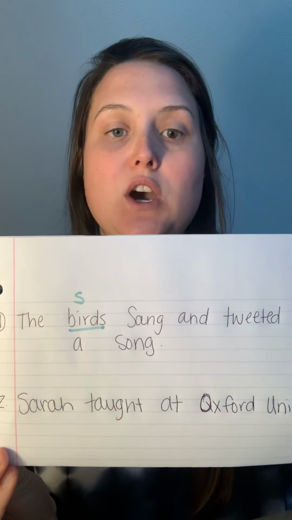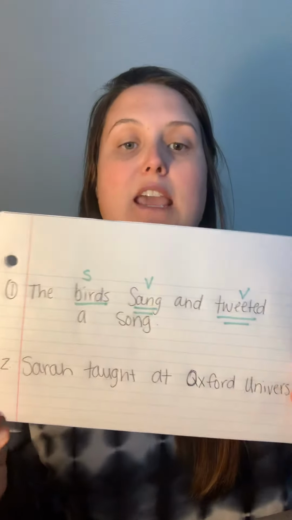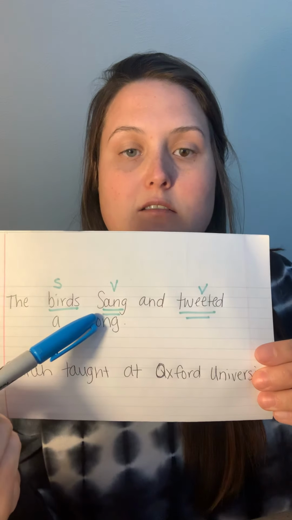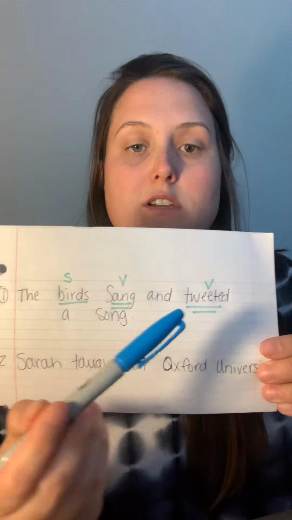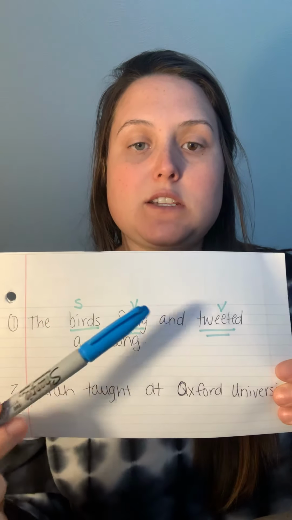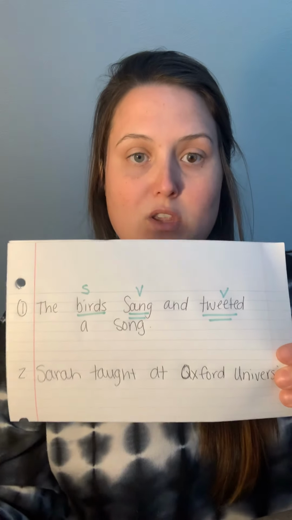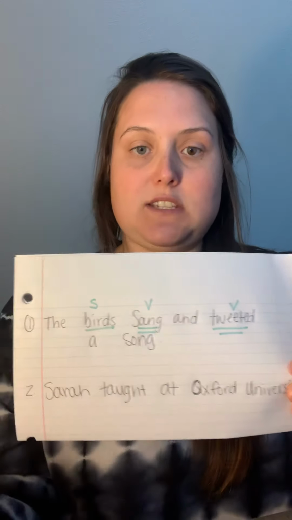So what are the two verbs in that sentence? Think about it. Correct. They are sang and tweeted. Okay, so now that you have identified both subject and verb in a sentence, you are ready to diagram. And I will show you what that looks like in just a second.